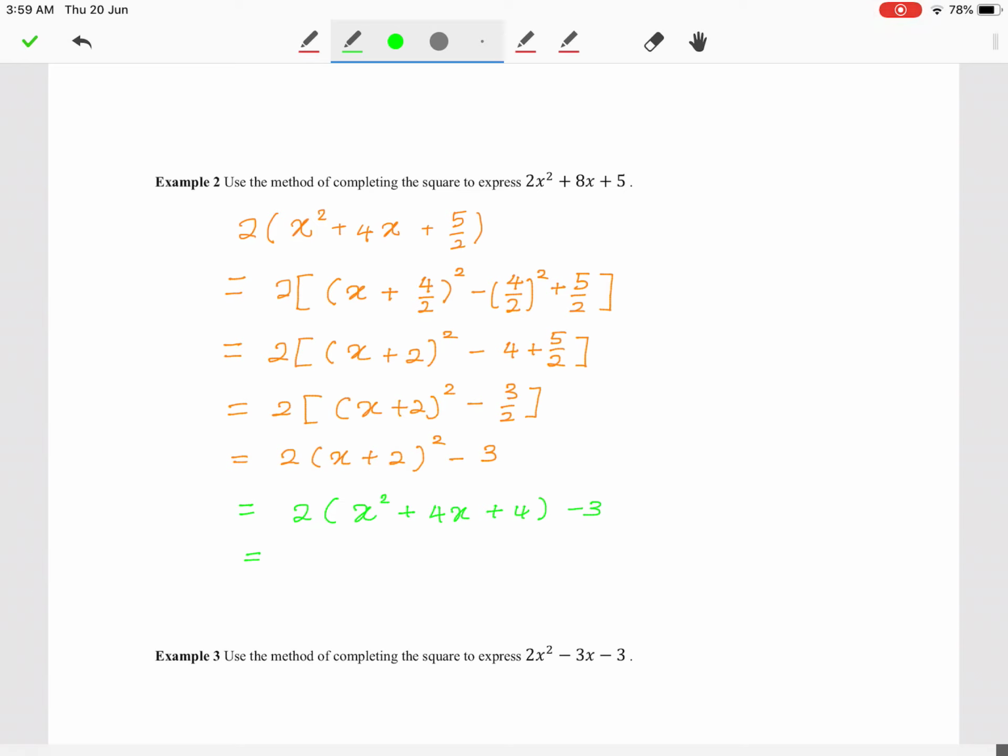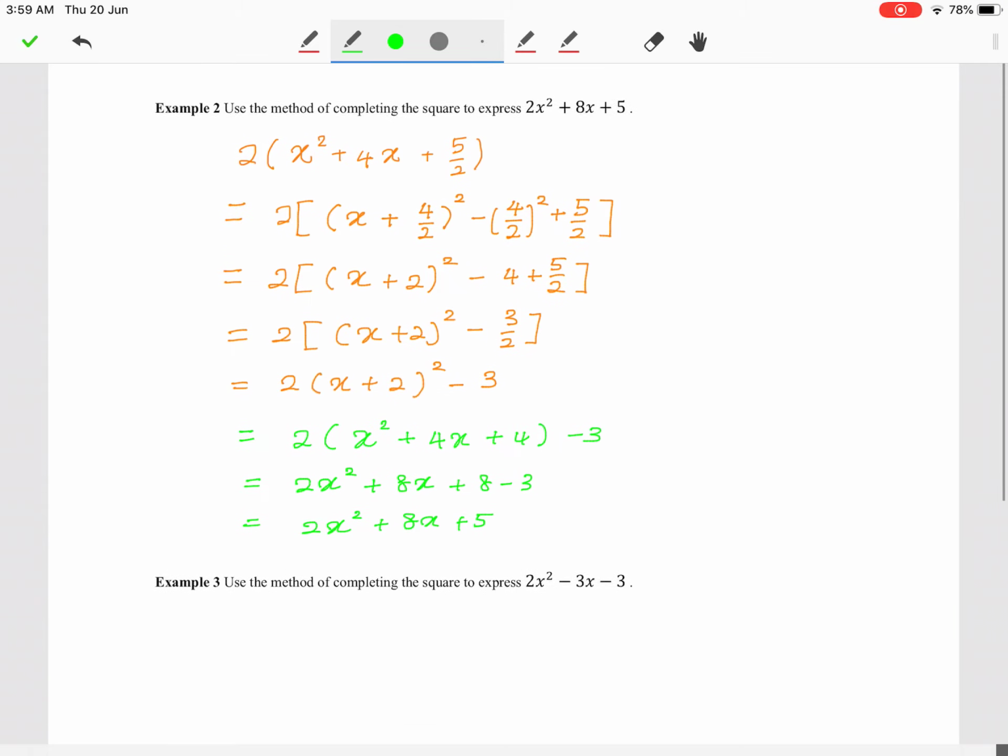Expanding again, you have 2x squared plus 8x plus 8 minus 3, which will give you 2x squared plus 8x plus 5, as in the original expression.